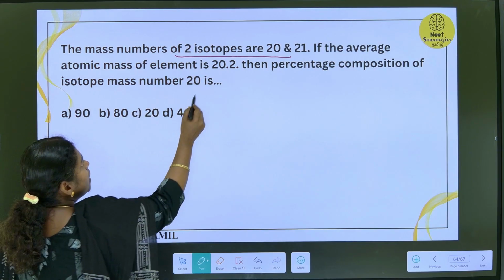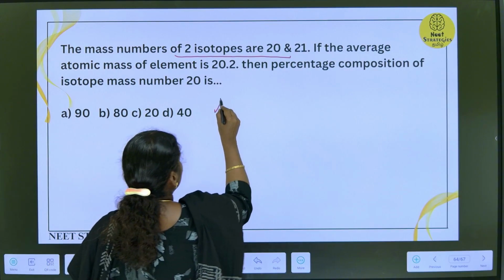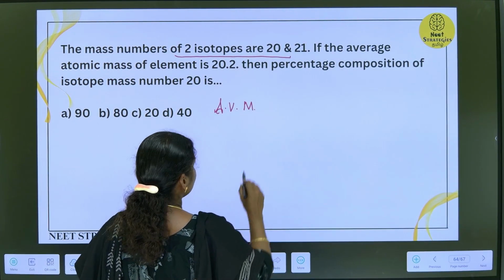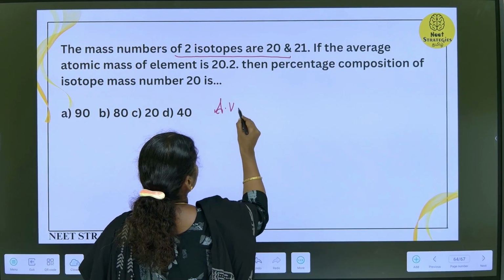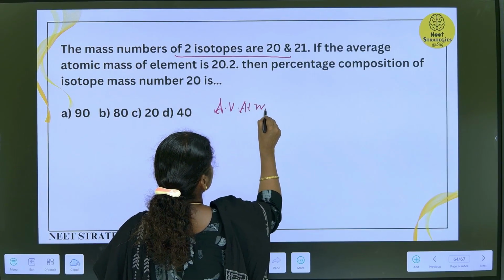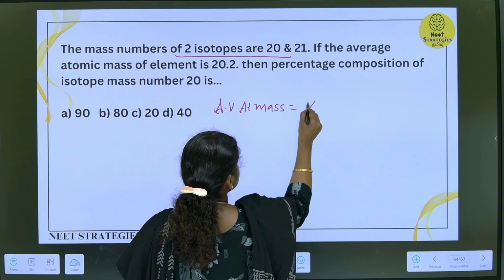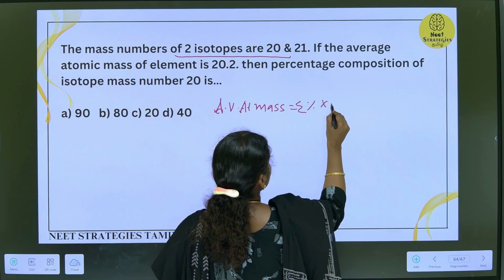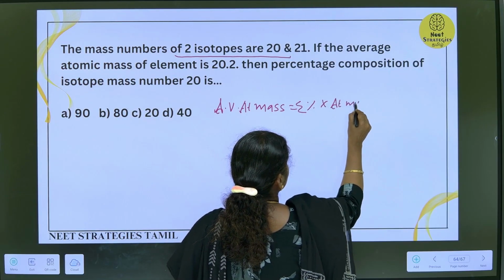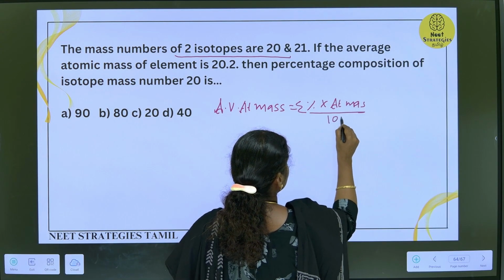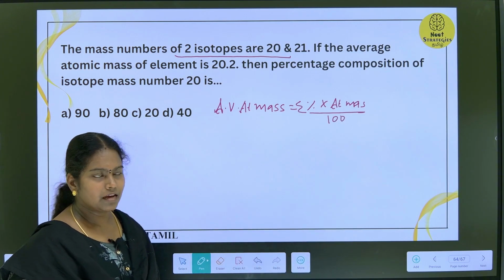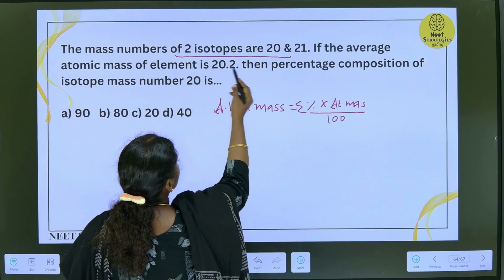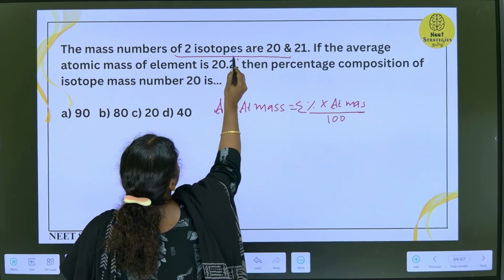So how can we do it? What is the average atomic mass formula? Average atomic mass is equal to the summation of relative percentage into atomic mass, upon 100. This is our formula. Now we want to substitute. The percentage is unknown, wait. The average atomic mass is given, 20.2.